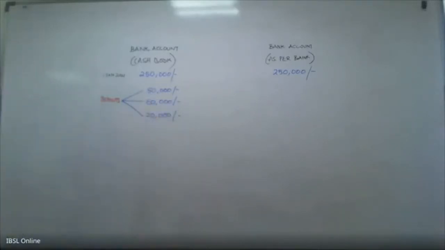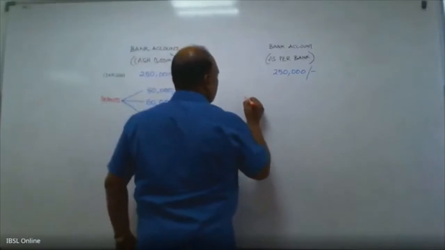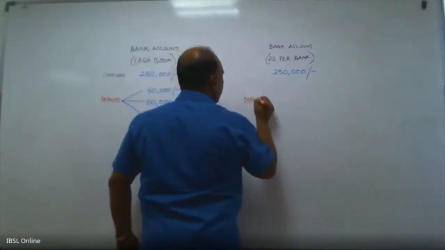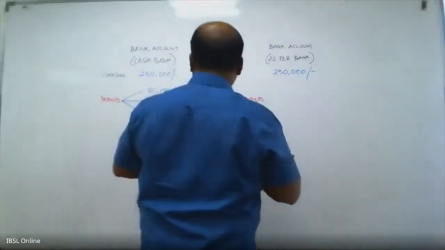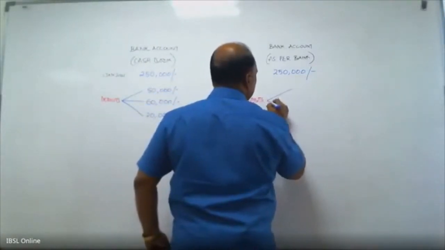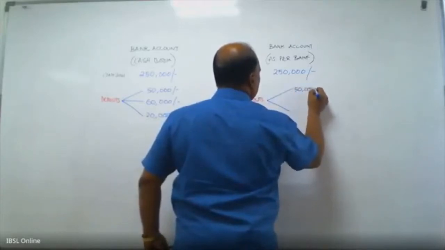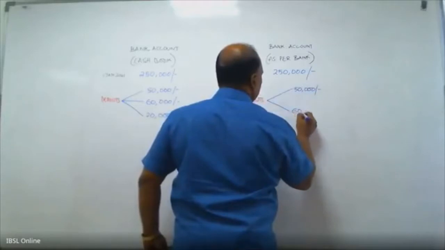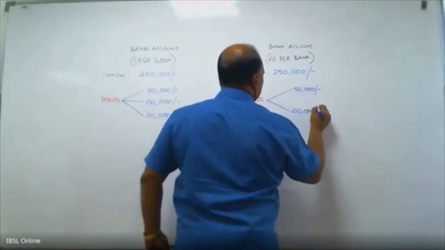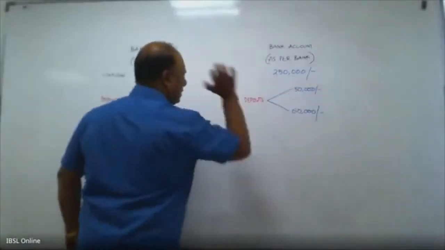Okay, you have deposited 3 checks. Now let's look at the background. So these three appear, 50, 60, 20 here, but here only 50 and 60.